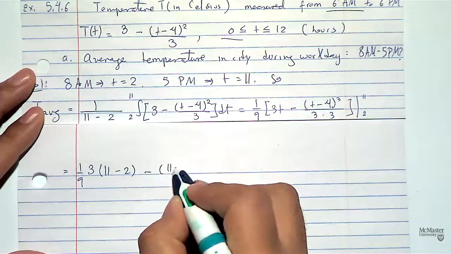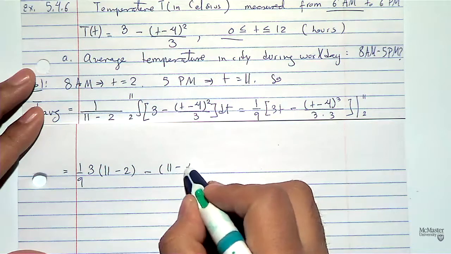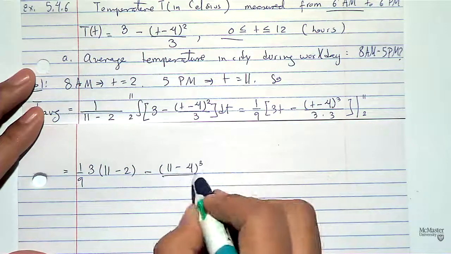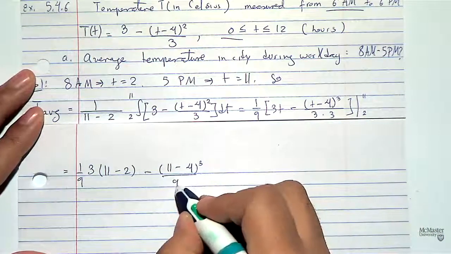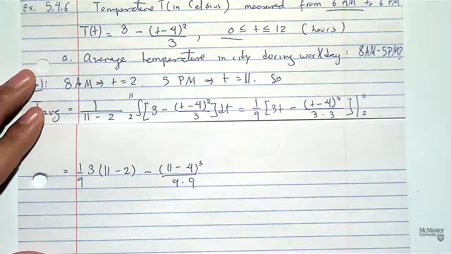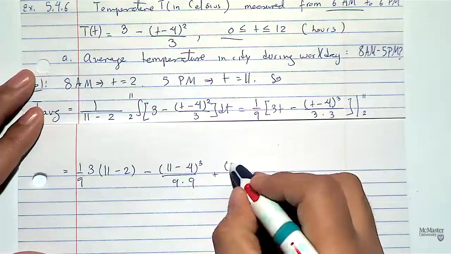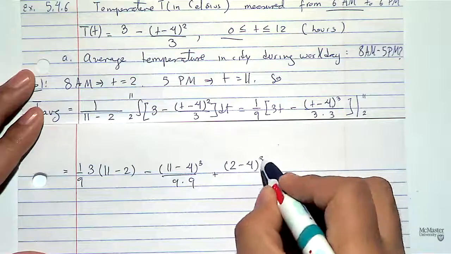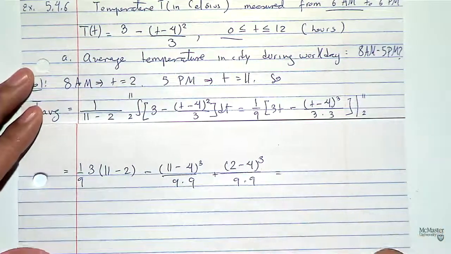So this is minus (11 minus 4) cubed, plugging in the upper limit of integration. And then you have the factor of 1/9, don't forget, and then you have the 9 from here. And then you have the plus because of the sign, so then you have here (2 minus 4) cubed, and then divided by 9 times 9 because of the sign.